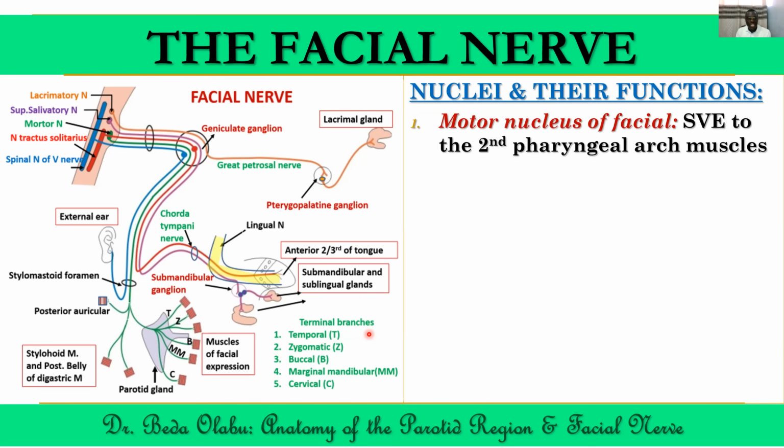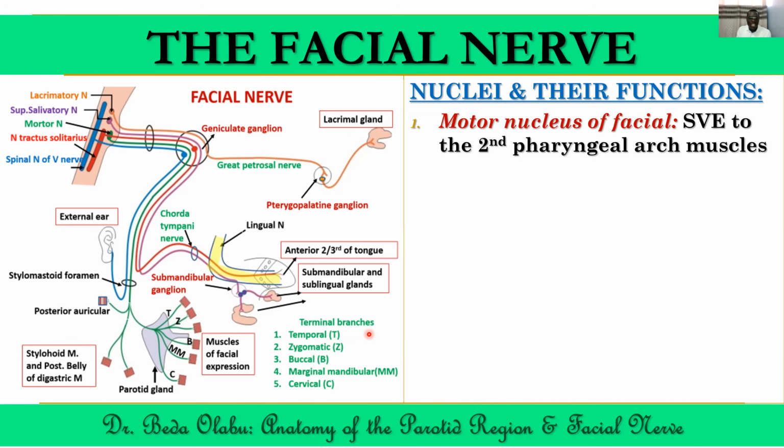One of the major nuclei related to the facial nerve is what we call the motor nucleus of facial. The motor nucleus of facial is a special visceral efferent nucleus. When we say something has a special visceral efferent function, it simply means that it supplies muscles of pharyngeal arch origin.